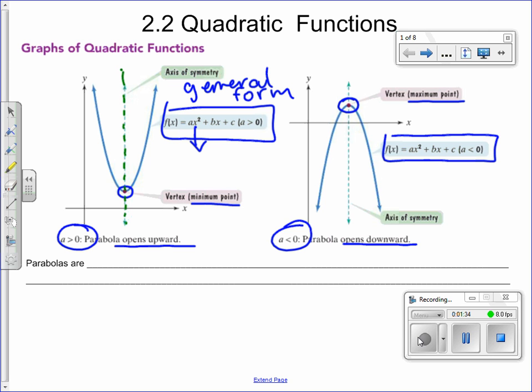And the equation of that line, well, first of all, we call that the axis of symmetry, and the equation of that line will be given by the x-coordinate of the vertex, okay? So this will be given as x equals a number, and that will be the x-coordinate of the vertex. And we're going to see some examples in a minute.